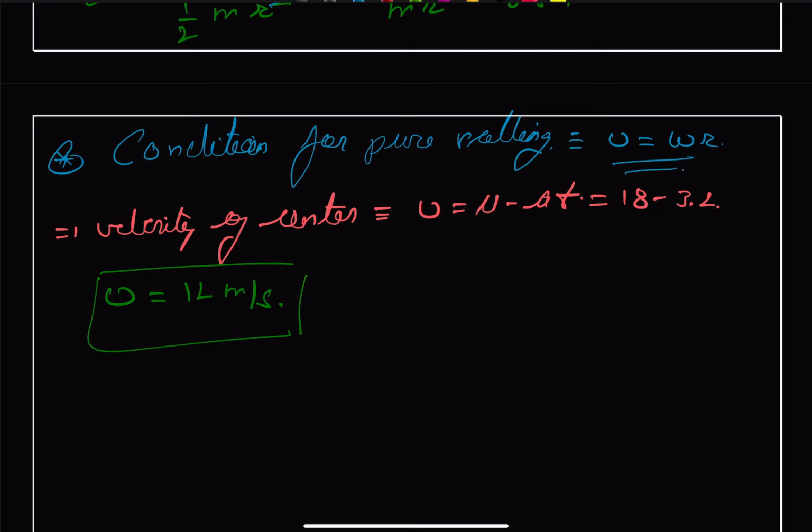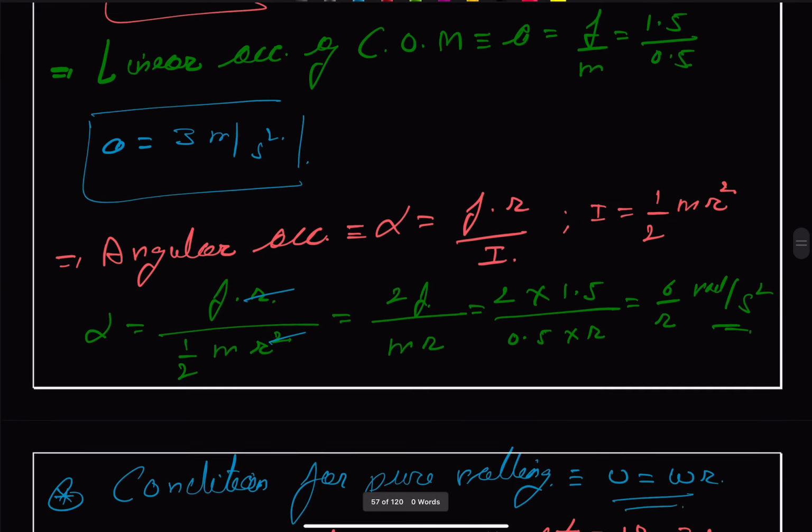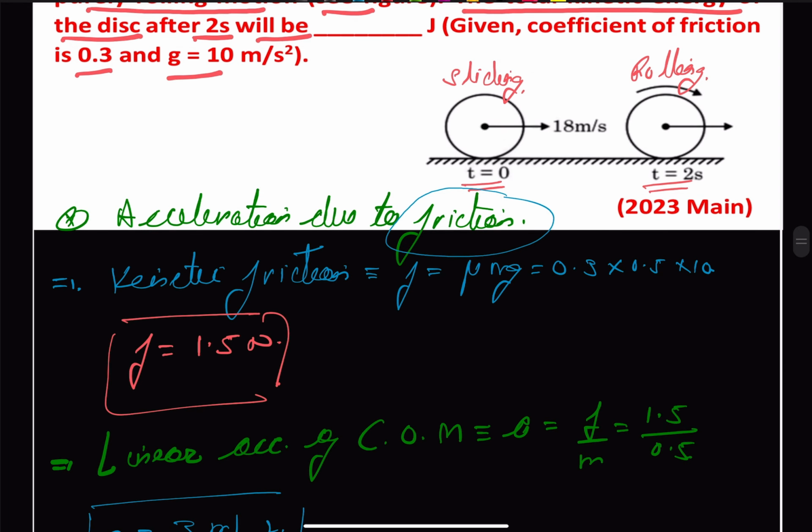So this is our velocity after 2 seconds. Which means that our velocity V we found out is equal to 12 meter per second.